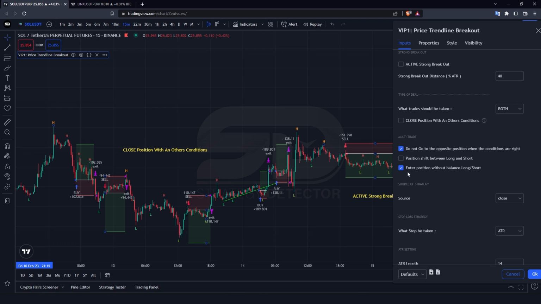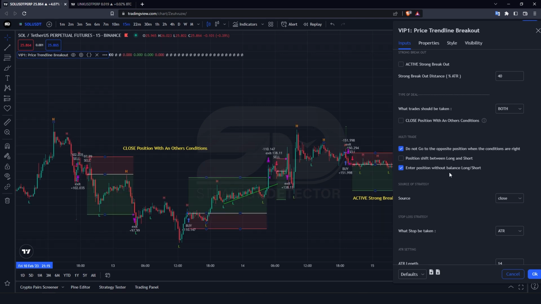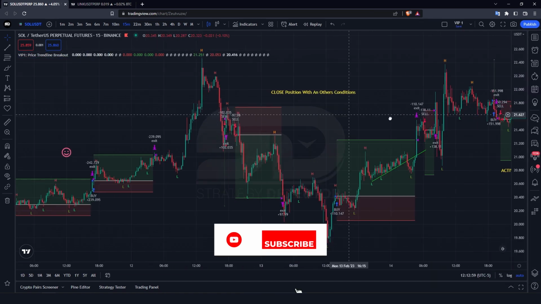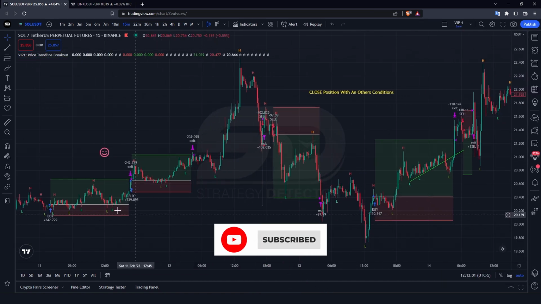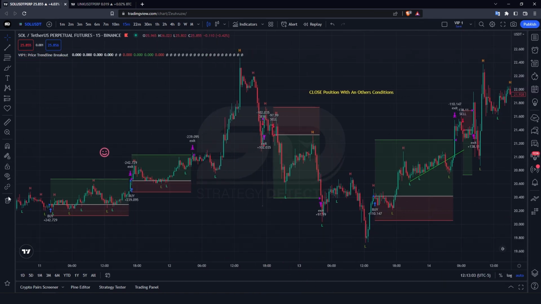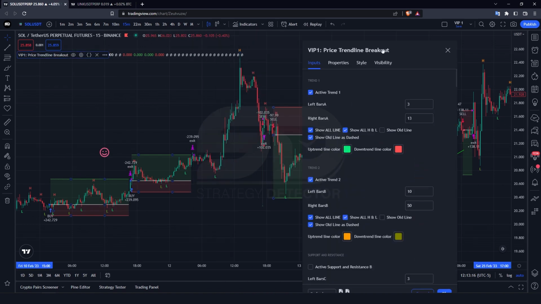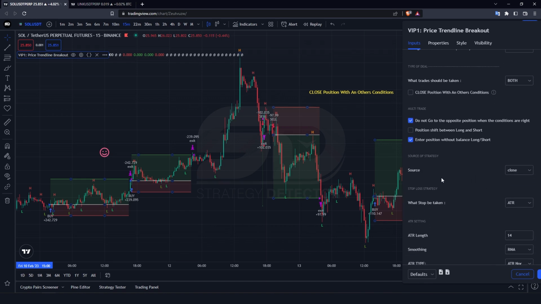The next option we're going to explain is enter position without balance long and short. Okay, what does it mean? It means that here you have a long position and immediately after that you have another long. Two longs in a row, and here you have two shorts in a row. Well, by removing this option, we will have a balance between long and short.